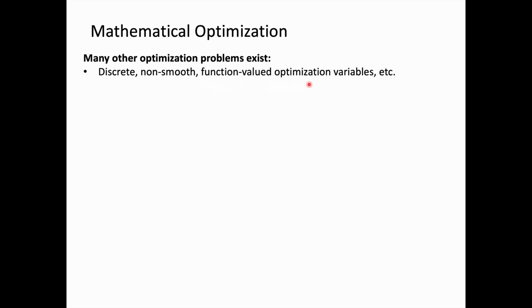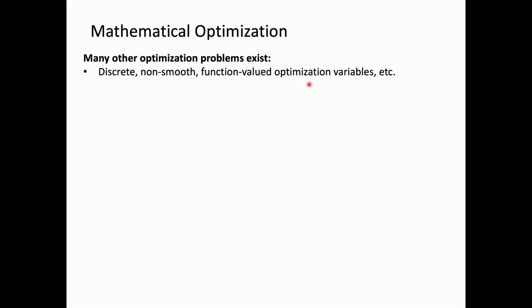Another class of problems that's important and interesting include function-valued optimization variables. So for example, what we've looked at so far includes vector-valued optimization variables. So we have a finite number of elements in the vector x. But what if we have something where the input to the objective function is a function itself?